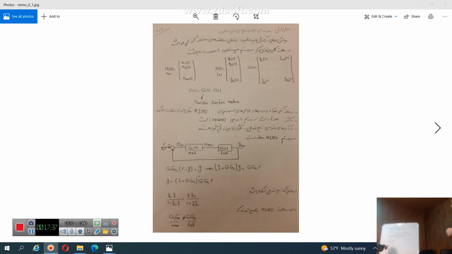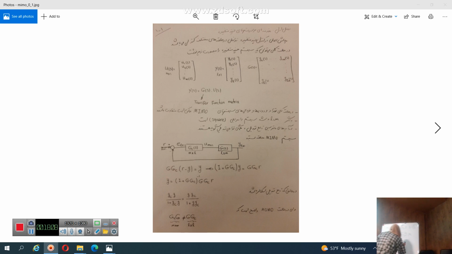L1, Y, good, L1. It's okay. Right. Yes. You should put U here. Y equal to E. Yes. E equal to R minus Y. Yes. You put E as here.